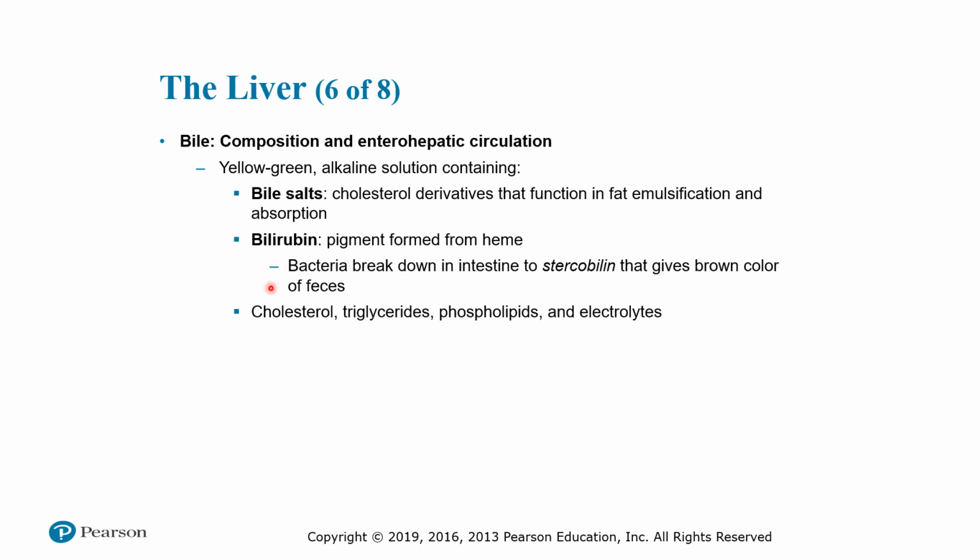If you remember when we were doing blood, we said that the heme portion is turned into bilirubin. And then bile has cholesterol, triglycerides, phospholipids, and electrolytes. So these are the components of bile: bile salts, bilirubin, cholesterol, triglycerides, phospholipids, and electrolytes.